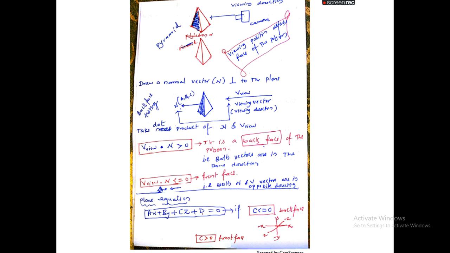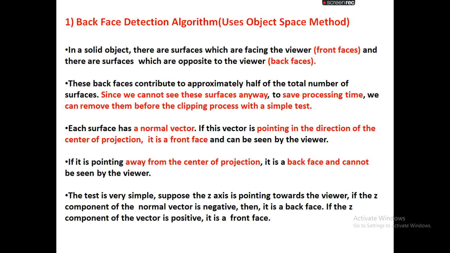It means that when both vectors are in opposite directions, that face is visible to the observer. If this face is visible to the observer, then we conclude it is a front face of the polygon. So by using the back face detection algorithm, we determine whether it is a front face or a back face of the polygon.